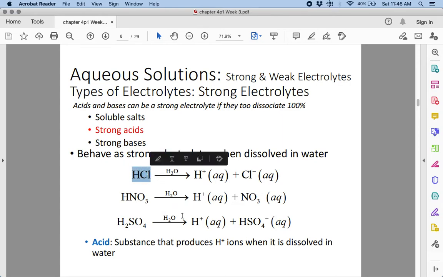HCl is not existing bound together in there. Same with this one, same with this one. That's because they dissociated 100%. All of it exists like this now, which means we have a ton of ions present in our solution, which means it will be a strong electrolyte, a good conductor of electricity.